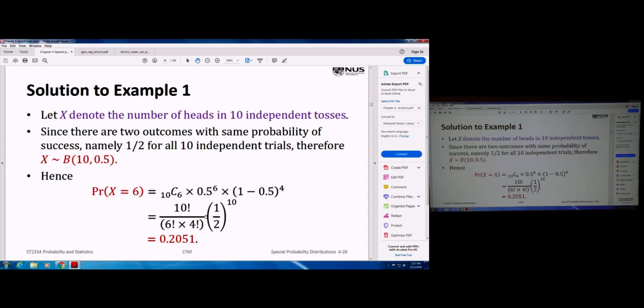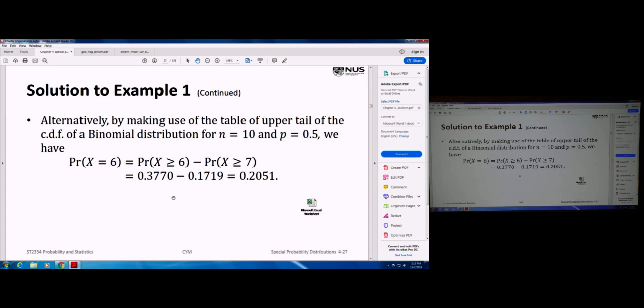You can do it a different way. I can't imagine why you would ever want to, but if you like, you could, because the probability that X is equal to 6 is equal to the probability X is at least 6 minus the probability that X is at least 7. These numbers you can get from a table of probabilities, which basically corresponds to these CDFs here.